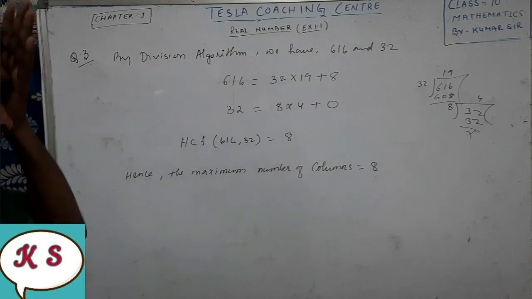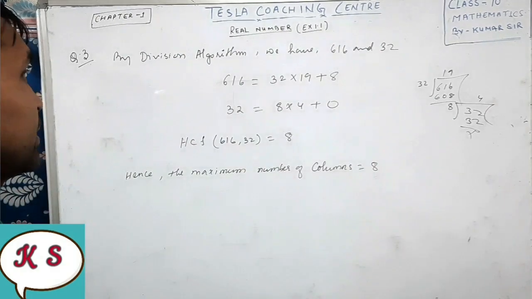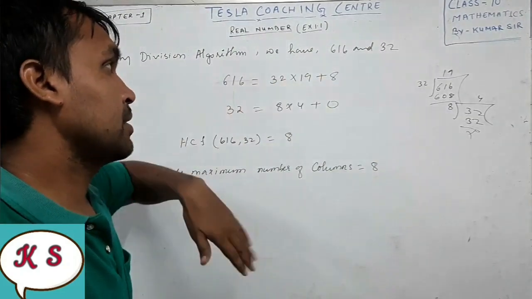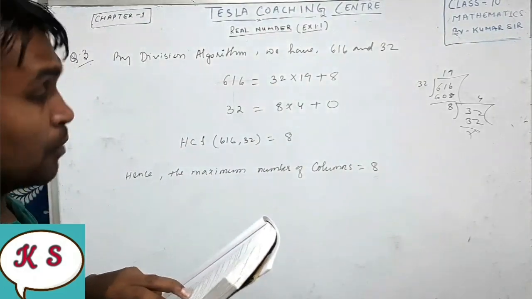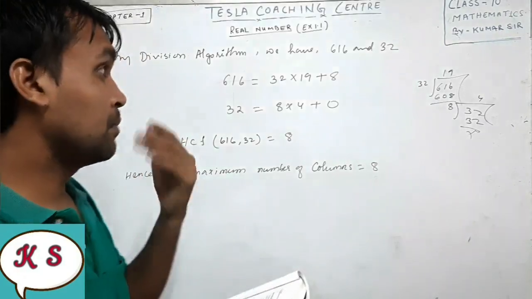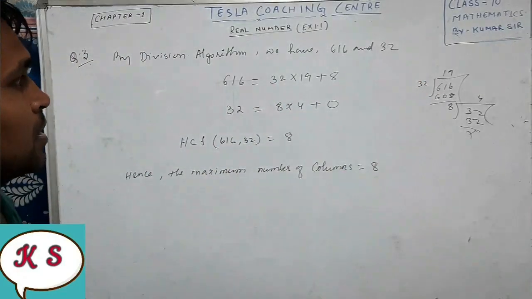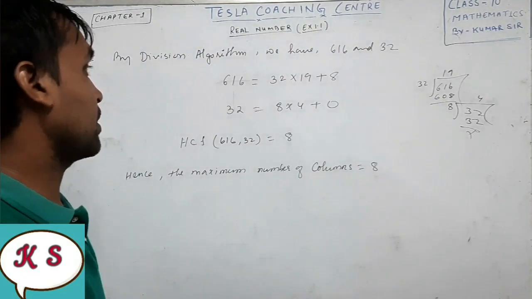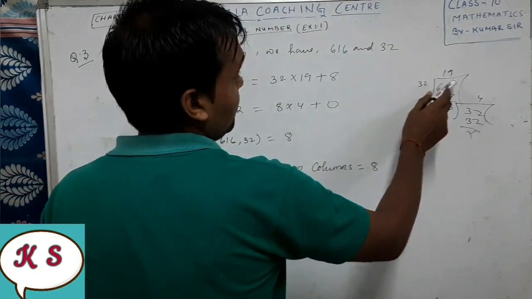So since we are doing division algorithm, we are going to use the same method here. The contingent has 616 members and the band has 32 members. We will find the HCF of these, and whatever HCF we get will be the maximum number of columns. So we divide 616 by 32.